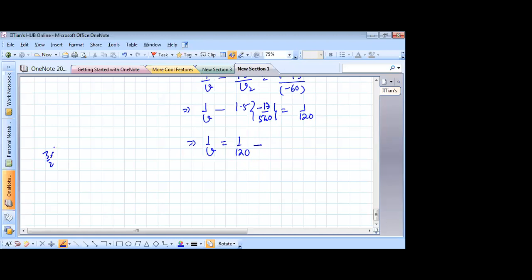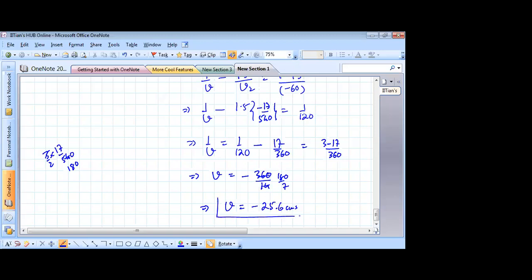Minus 17 by 540. That same value that we got. This becomes the position of the final image.